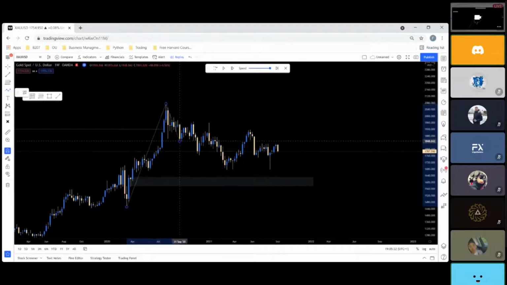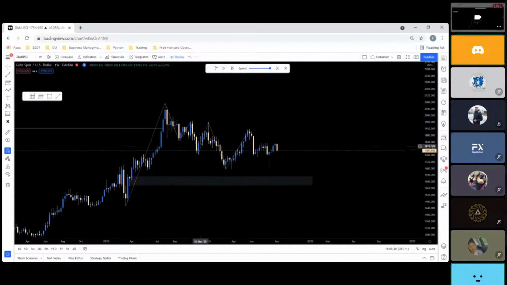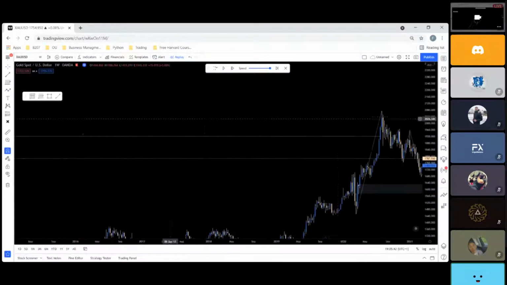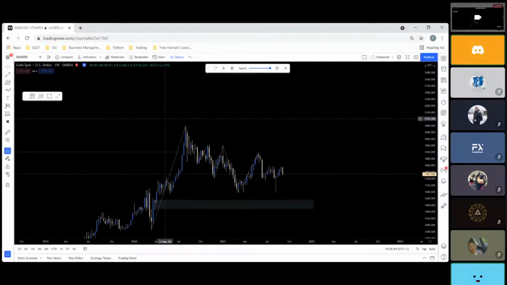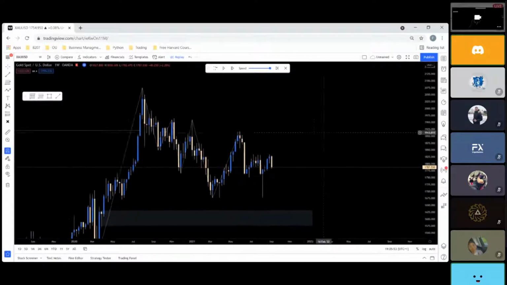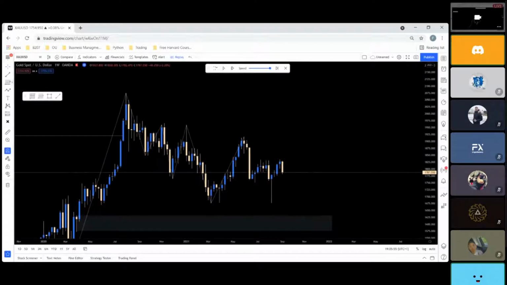As you can notice here, after we broke structure, order flow has been slowly coming to the downside. So to me, I'm bearish on the weekly time frame. What I normally like to do is map out where structure's held or where structure's been broken.